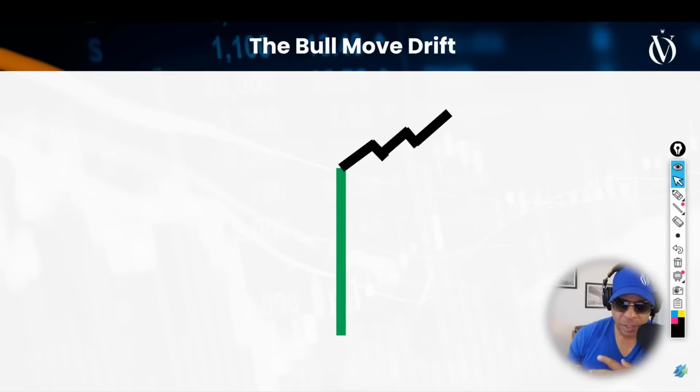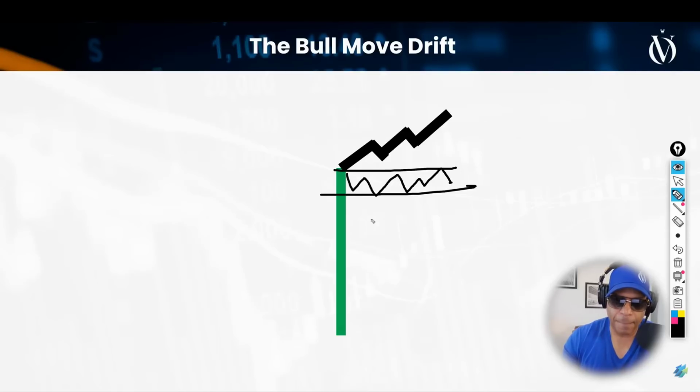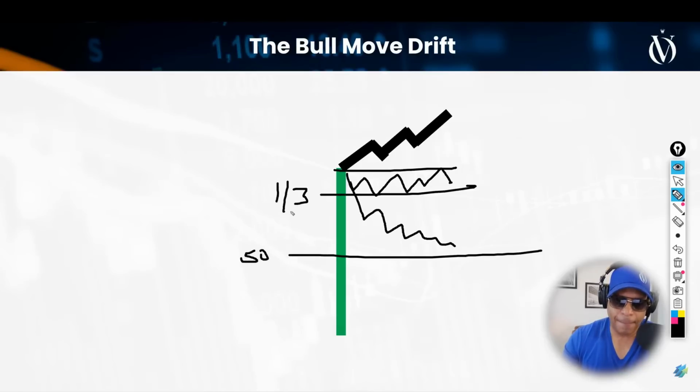Now, I know you might have some questions. I'll get to those. I just want to finish this part right here. This is not the drift sideways, which we know has to stay in the top third. This is not the drift downward, which we know has to stay in the top 50%, right? This kind of slows down the momentum, but slows down in a drifting upward way.